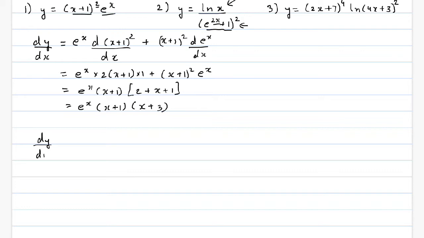My dy by dx should be, first differentiation of log x, I should get 1 by x, keeping v constant, that becomes e raised to 2x plus 1 whole square, then minus differentiating our v, so we are going to get first differentiation of squared value, so it will be 2 times e raised to 2x plus 1, then differentiating the inner value, that is e raised to 2x plus 1, so differentiating that, e raised to 2x should give me first e raised to 2x, and then I should differentiate, plus 1 will be 0, so then e raised to 2x I should differentiate it again, and I should get 2.